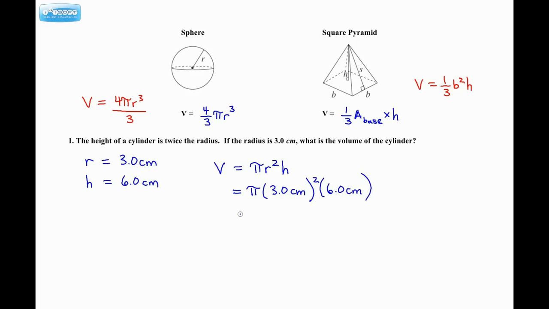And there we go. Let's take out my calculator. So I get pi times, there we go. I get approximately 169.6, and my units now would be centimeters cubed. Okay, that wasn't too bad.